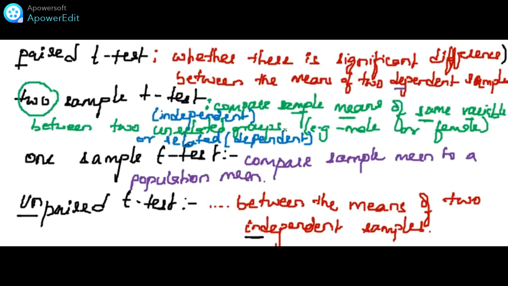If it is an unrelated group, say for example male or female. But when it is a related group, it can be, say for example, before or after.